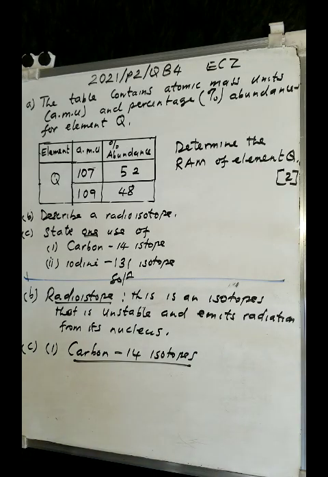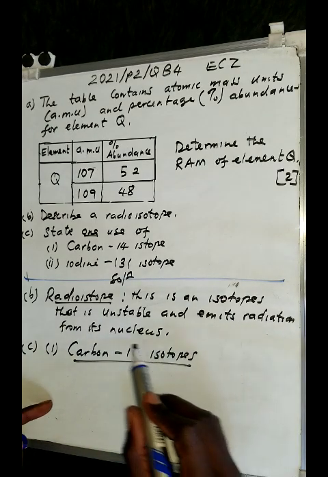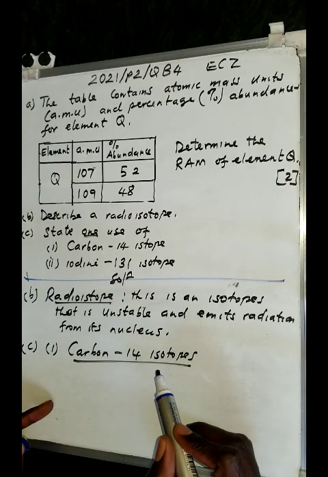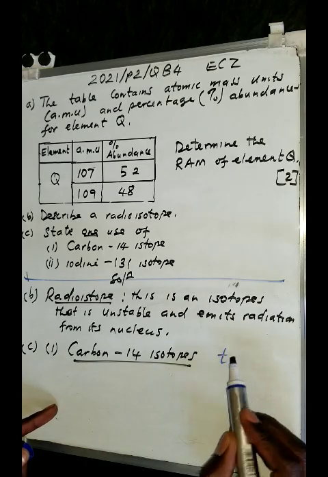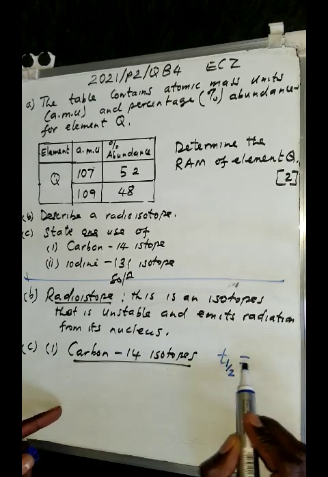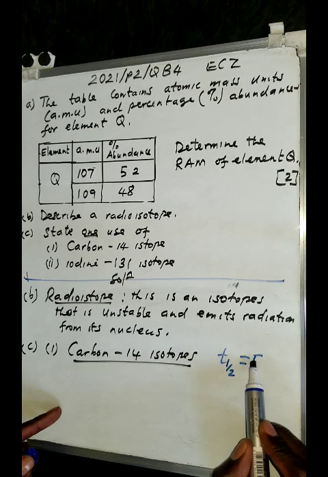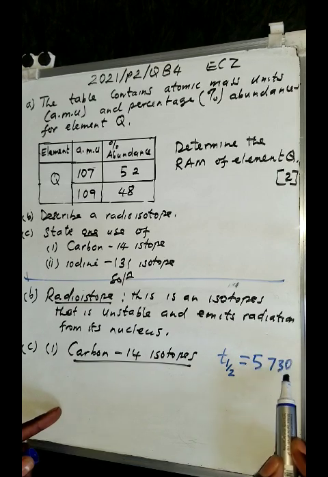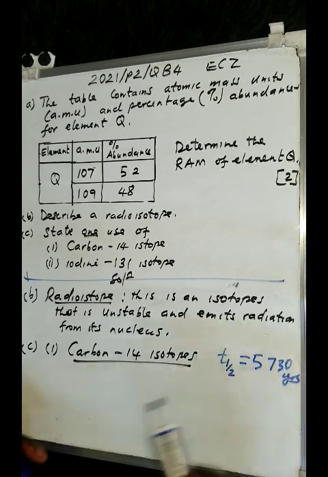It has a half-life of 5,730 years. So that is the half-life of carbon-14. That's a long time for it to reduce to half of the original. It actually takes that long.